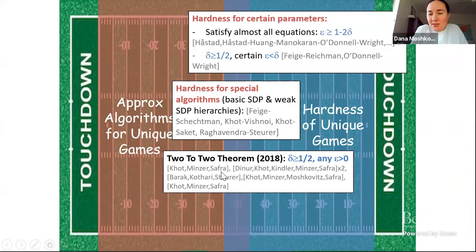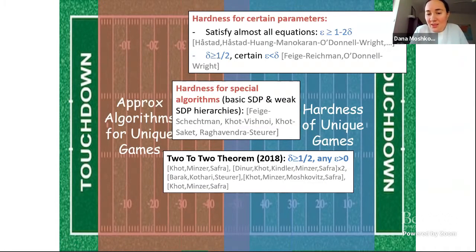Now, if you noticed, I erased this plan of attack of team algorithms because this 2-to-2 theorem was a major obstacle for that attack. If those plans of the algorithms people had worked out, they should have also been able to get an approximation algorithm in the case of delta equals half and small epsilon.